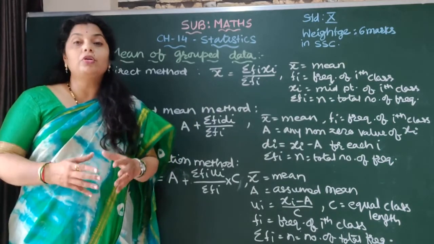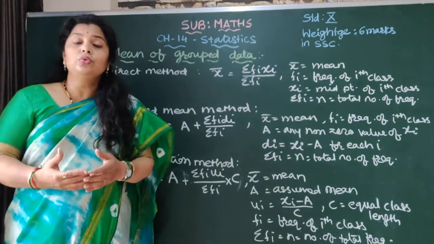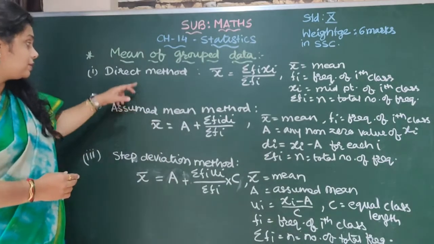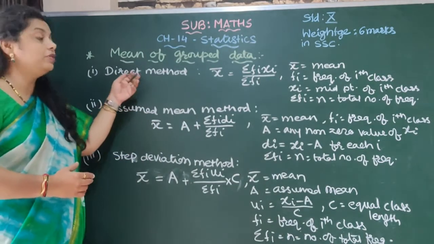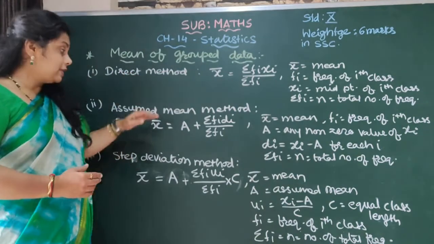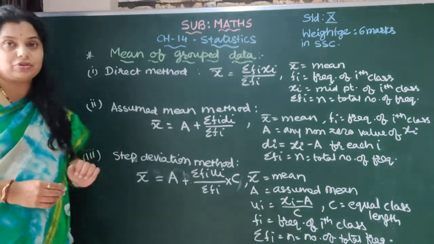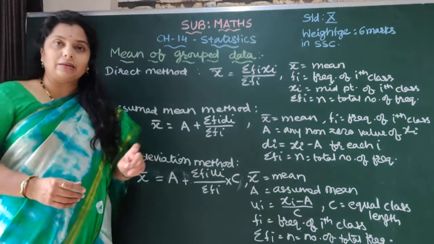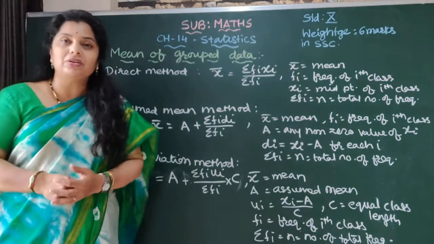So for modification, or we can say to consume less time, these two methods are a modification of the direct method: the second one is the assumed mean method, and the third one is the step deviation method. Again, one assumed mean method is there, we can agree. Then what is the need of the step deviation method?